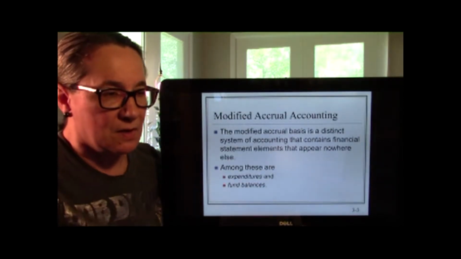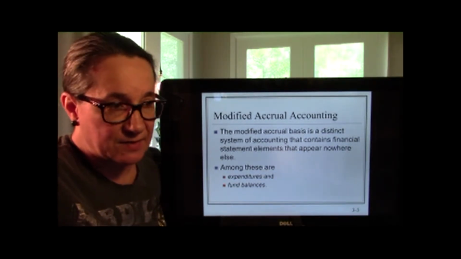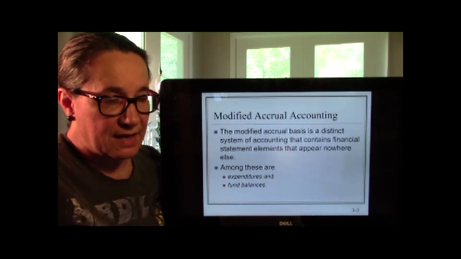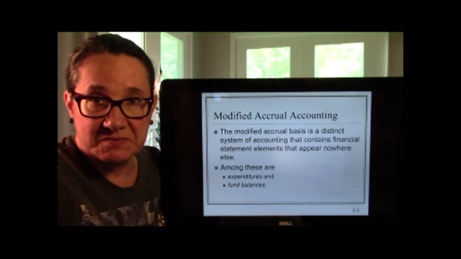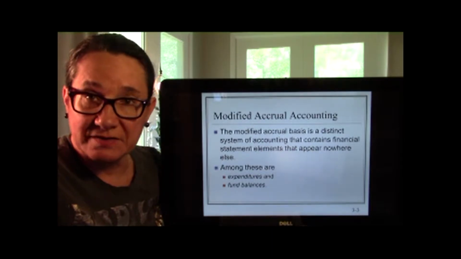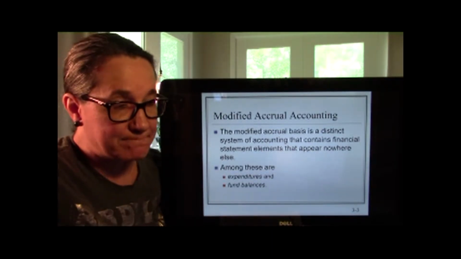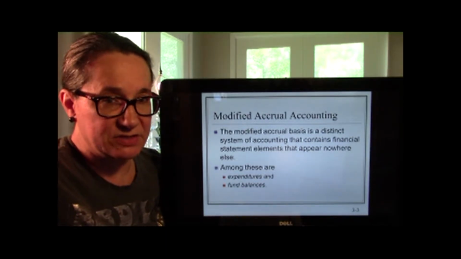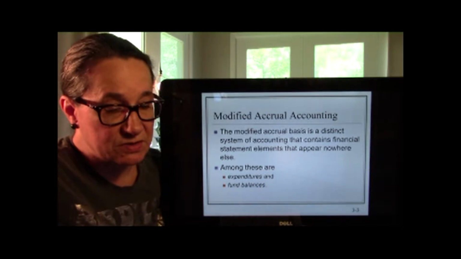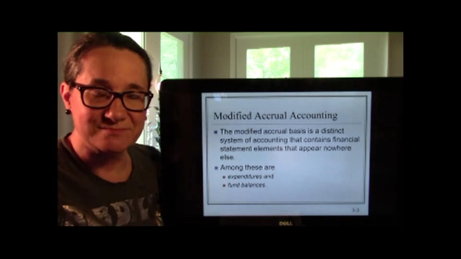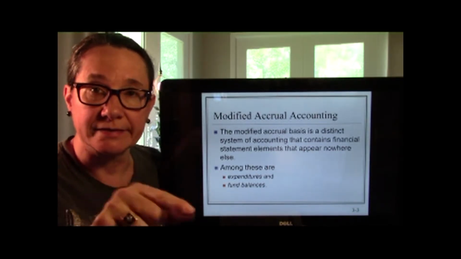All right, so let's talk about this. There's this distinct system of accounting that we use for these governmental funds. Okay, we don't use them for the proprietary funds, right? Because proprietary funds are like running a business, right? The water department, right? But governmental funds are kind of the general other kind of stuff that goes on in the government, and we do some slightly different accounting, because how do we recognize revenues when we just get to say, you give us money?